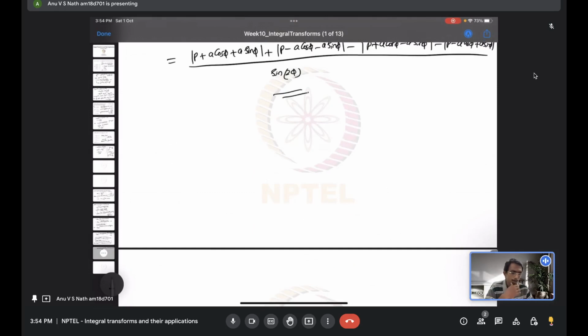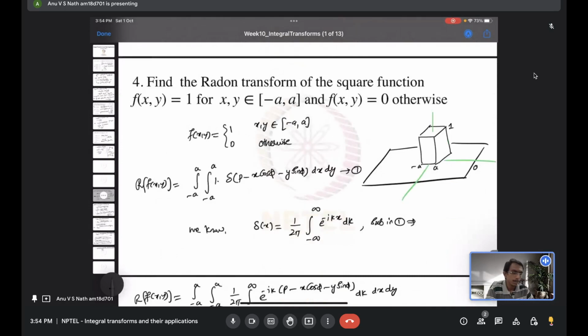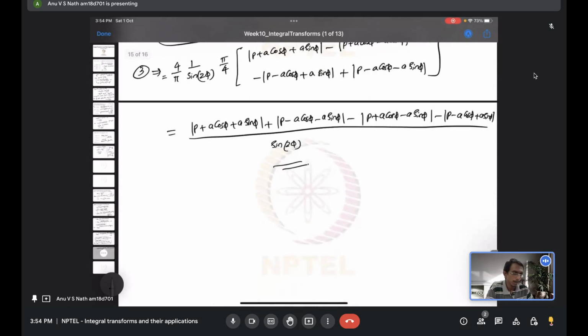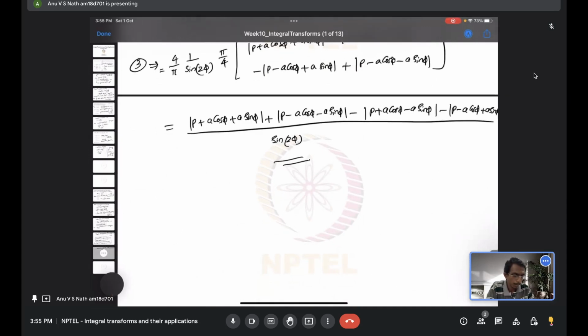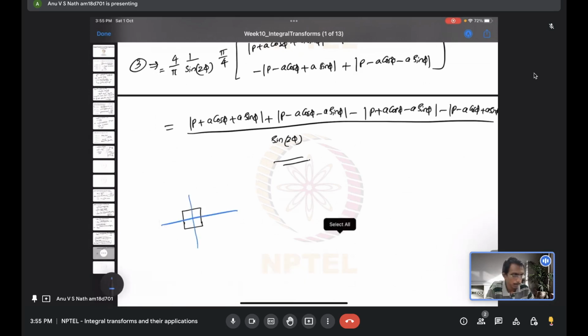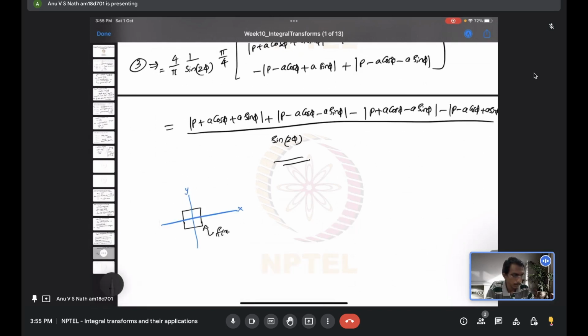So basically what we found is that the projection of the box function to a plane or a line will have this kind of structure, and since the box is not symmetric, there will definitely be a dependence on the angle. If you look from the top, in the xy plane, you will see f of x comma y is just a box, 1 inside and 0 outside.